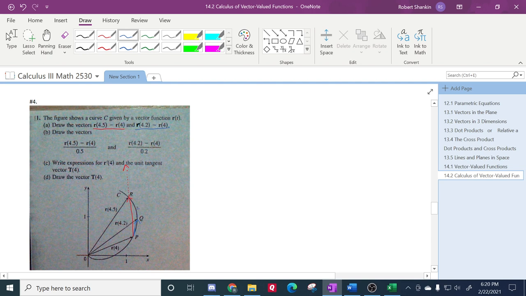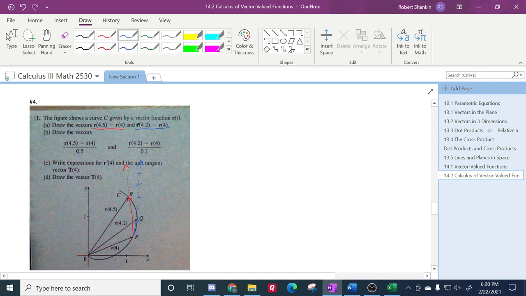1, 2, 3, 4, 5. Notice its length will be pretty close to that length, right over there. The length of these vectors is getting shorter and shorter, but the magnifier is going to be bigger and bigger.